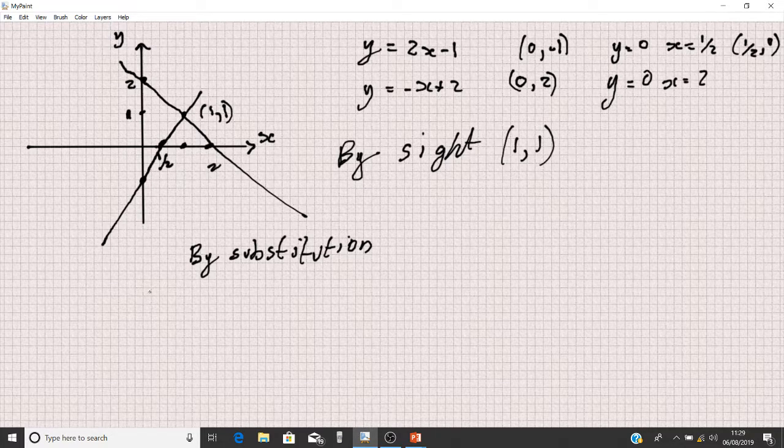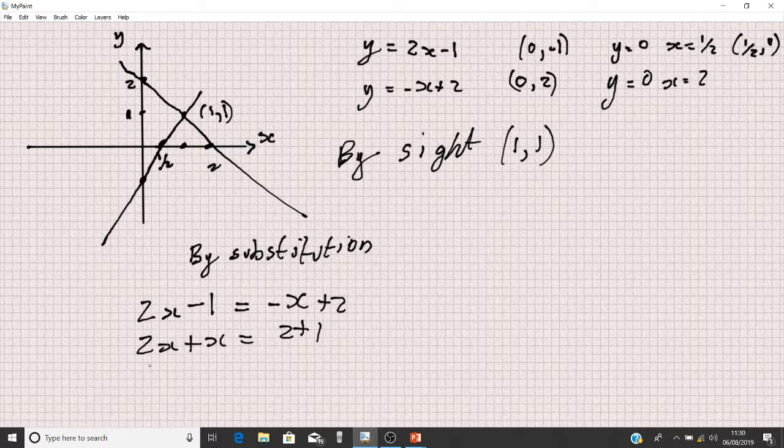So if y is 2x minus 1 on the first line, well then where they meet, it must be true that both y's are the same, so 2x minus 1 equals minus x plus 2. So let's rearrange, bringing the unknown x to the left. So we've got 2x plus x equals 2 plus 1. So we have 3x equals 3. So we do know the x value is definitely 1.